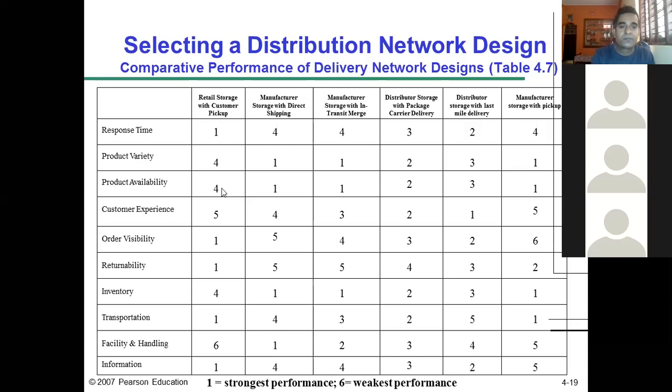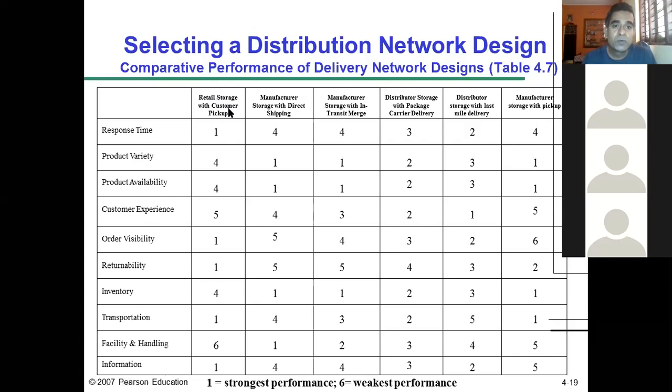Okay, now 1 means strongest performance on these criteria, and 6 means weakest performance on these criteria. Say for example, if you consider the retail storage with customer pickup, this is the type of distribution network to which all of us are exposed.